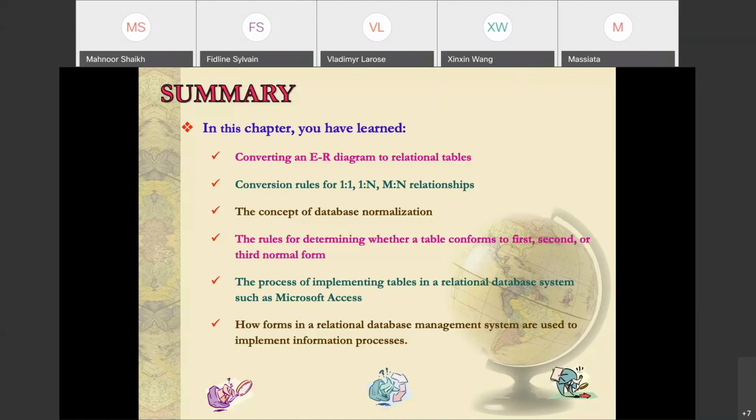Then we understand the concept of database normalization, like first, second, and third normal forms, right? And we also touch base on the process of implementing tables in a relational database system using Microsoft Access. And then we learn how to form a relational database management system used to implement information processing, as an example in SQL, right?